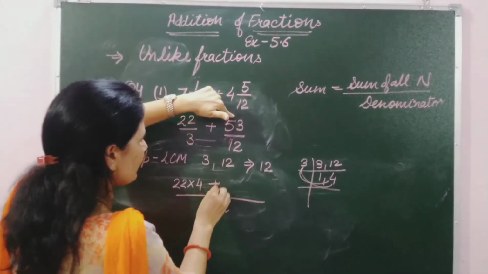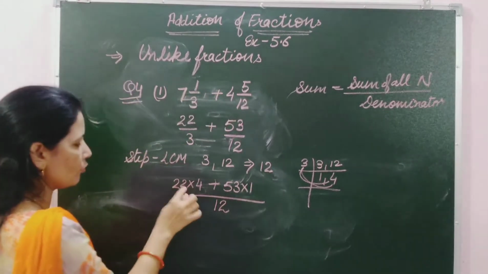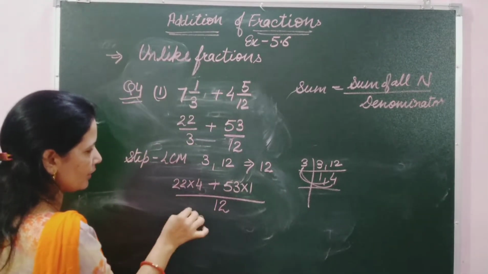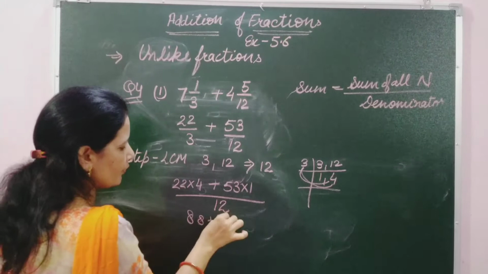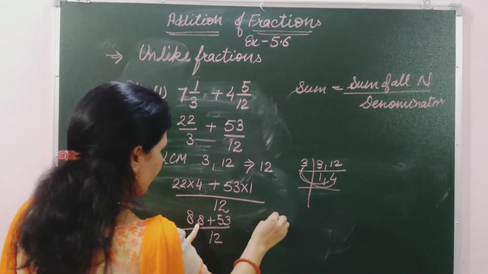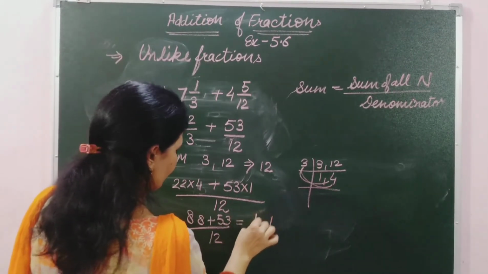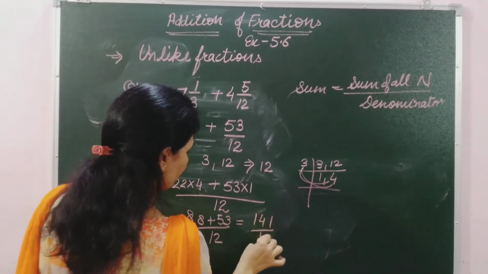So 53 multiplied by 1. Okay students, now 4 2s are 8. 4 2s are 8, 53 1s are 53, and denominator 12. 8 plus 3 is 11, 8 plus 5 is 13, 13 plus 1 is 14. So 141 by 12.